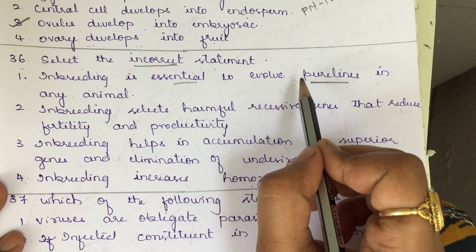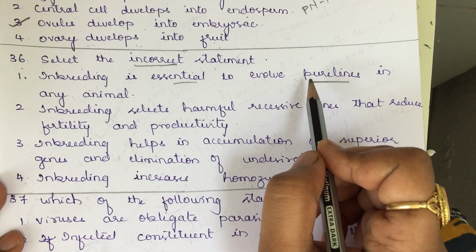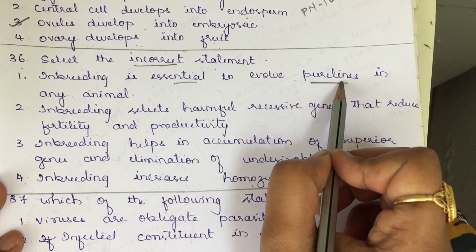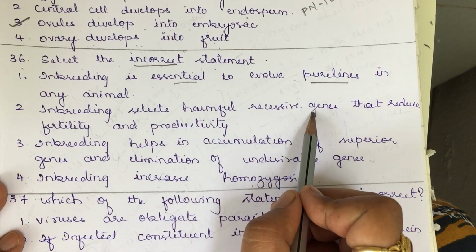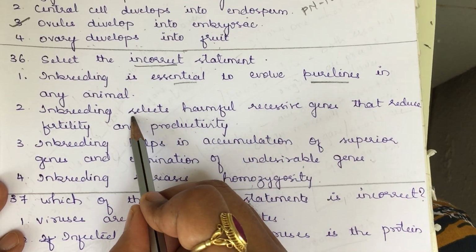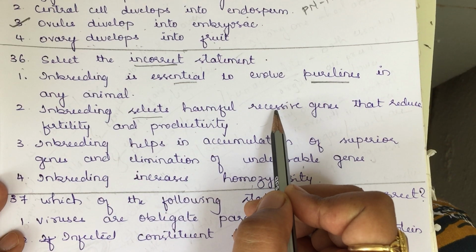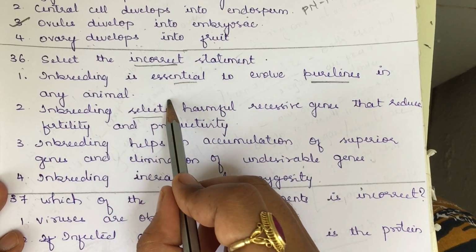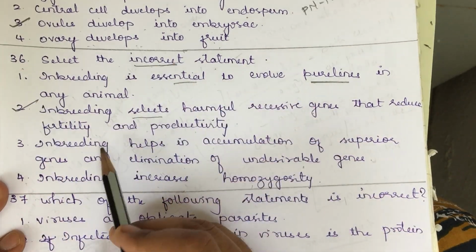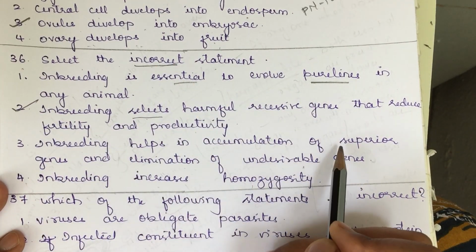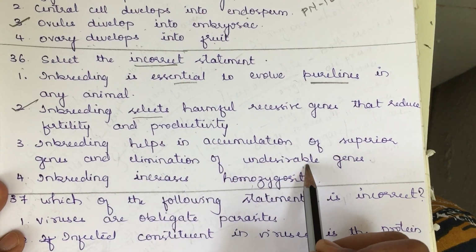Like continuous self-pollination, here in animals, continuous inbreeding leads to the formation of pure lines. Inbreeding selects harmful recessive genes? No, inbreeding exposes harmful recessive genes. Okay, inbreeding eliminates harmful recessive genes. This is the incorrect statement, so the correct answer. Inbreeding helps in accumulation of superior genes and elimination of undesirable genes.